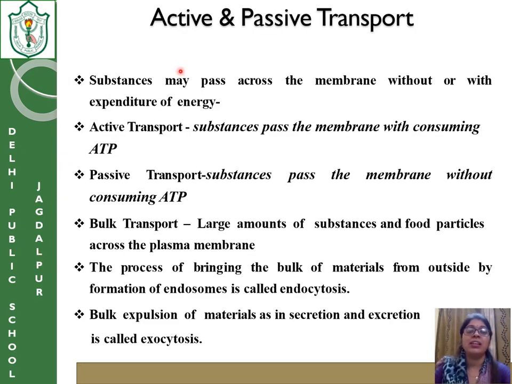There are two types of transport systems done by the plasma membrane: one is active transport, another is passive transport. From the name, active means it is very fast, and passive means a little slower. But along with fast and slow, there is one more thing added in the transport process.